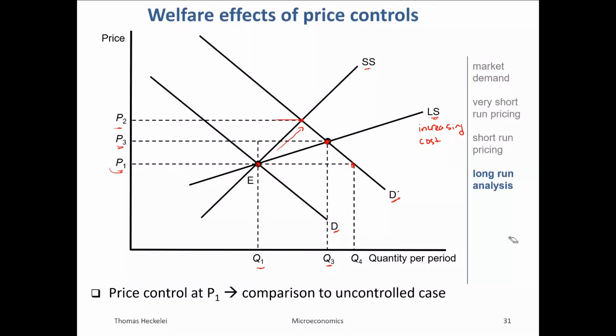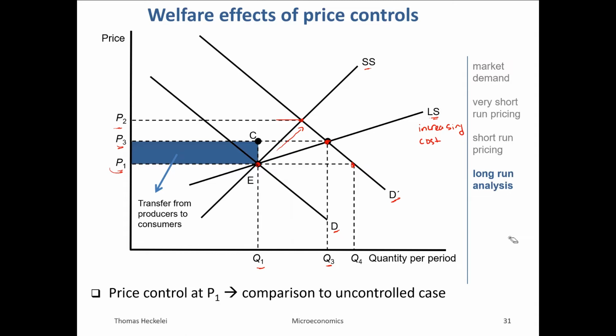The welfare change, or the welfare effect, of this price control includes two parts. The first part is a welfare transfer from the producer to the consumer, which is the dark blue area on the slide. I will first go through it and then we can go back to explain why.